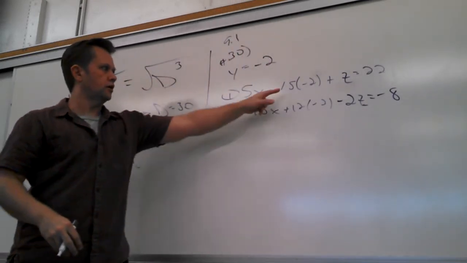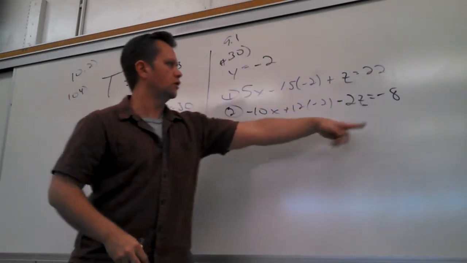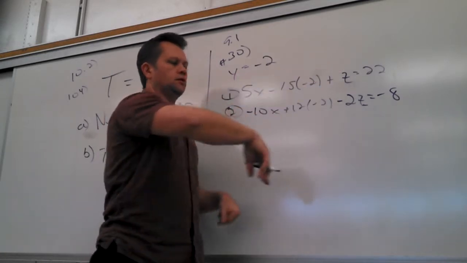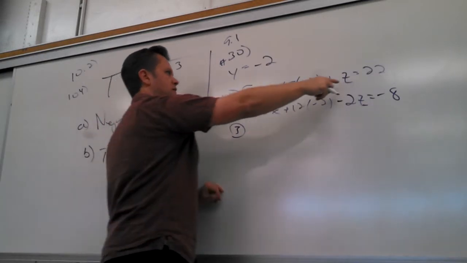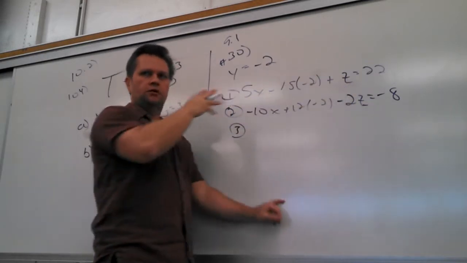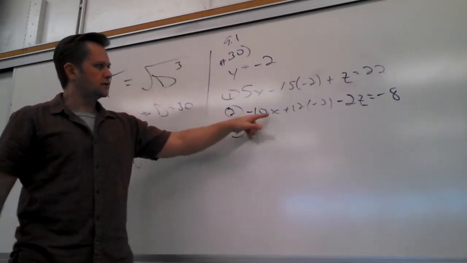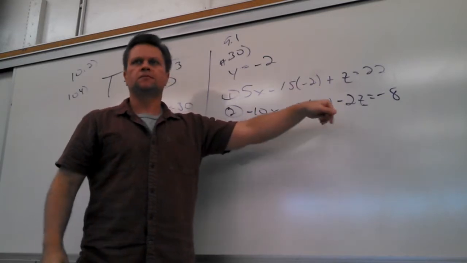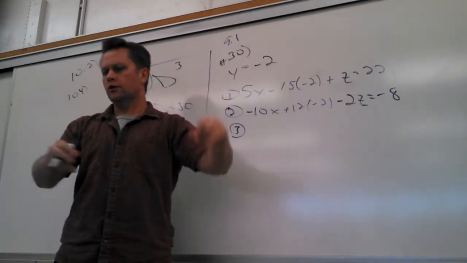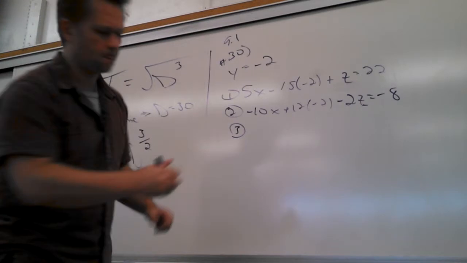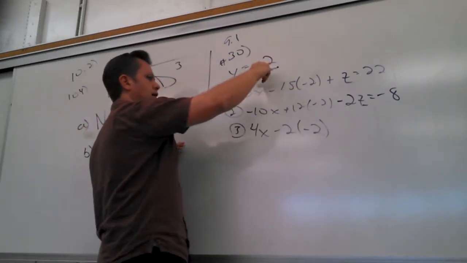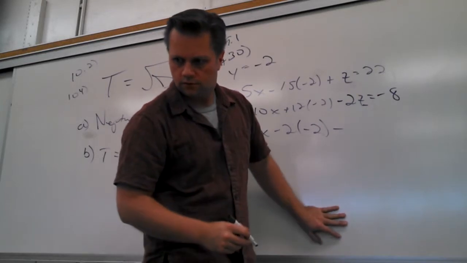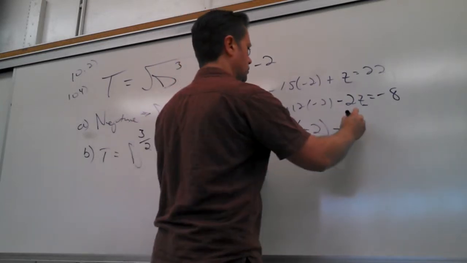So now you can move that over, and now between the two of these you can kill, well, let's see, that's not going to be any good, because that's what you used. Let me make sure you guys understand. If I kill the x's, that's going to also kill the z's, so it's going to end up giving me no answers. So I need the third one, 4x minus twice y, but y is negative 2, minus 3z equals 9.